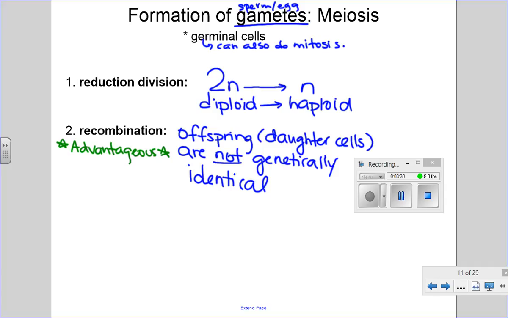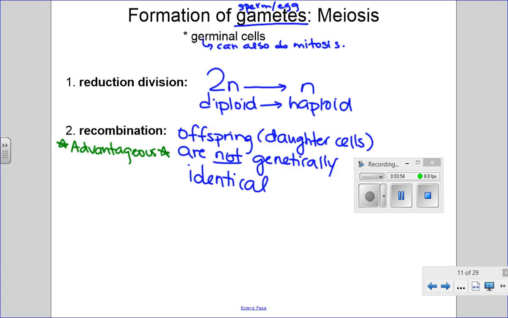That's typically seen as an advantage for the population as a whole. And since our next unit after this one is about population ecology, this idea will come back. So these are the two main principles that are happening because of meiosis. Does anyone want to ask any questions about either of those two ideas?